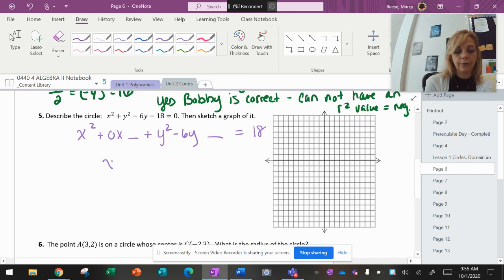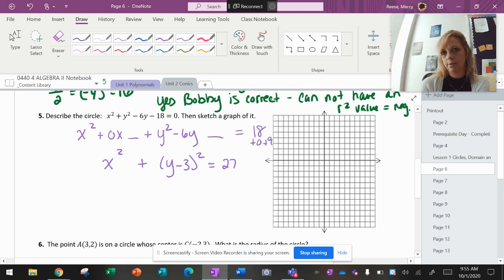Okay, so hopefully you got x squared plus y minus 3 squared equals 27, because you added 0 here and you added 9 there, right? Now, if some of you wanted to write the 0 value there, I don't care. That's fine.